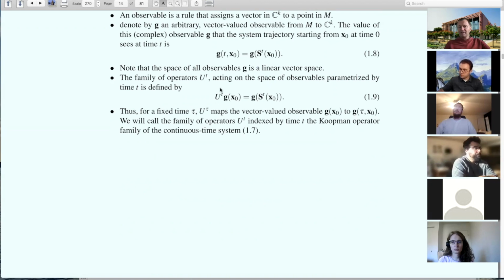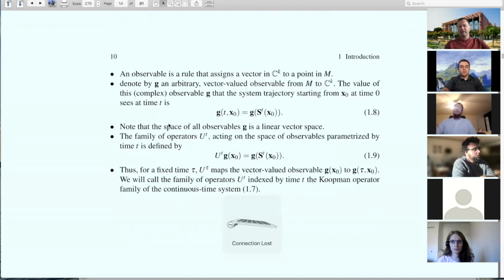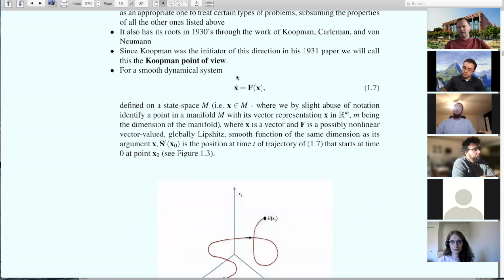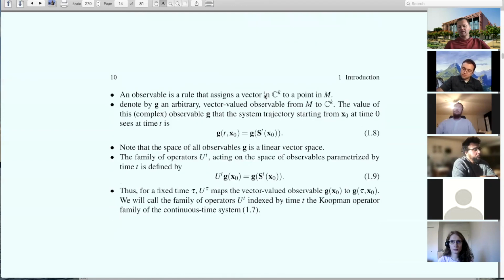And this Ut here, if I fix the time t, is called the Koopman operator for time t, and the whole family of operators labeled by t is the Koopman operator family of this system, X dot is equal to f of x. So that's how you take a dynamical system and you associate an operator.